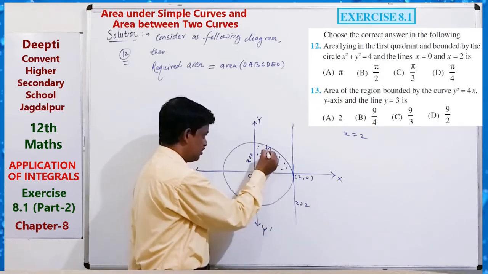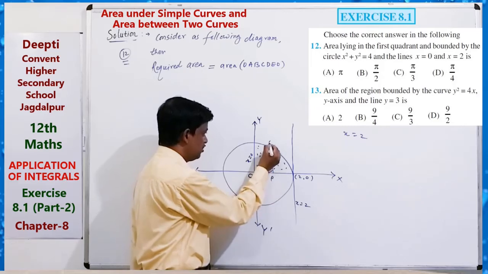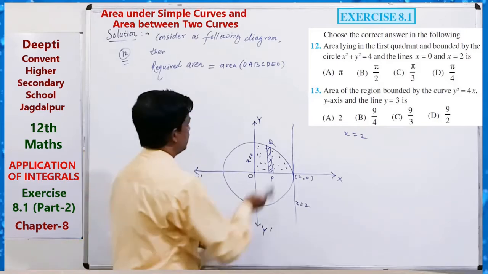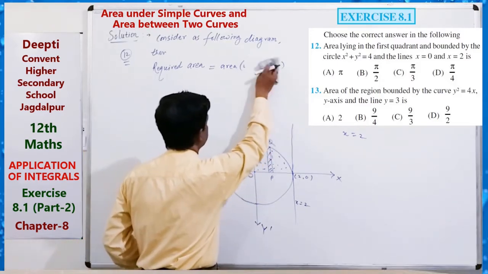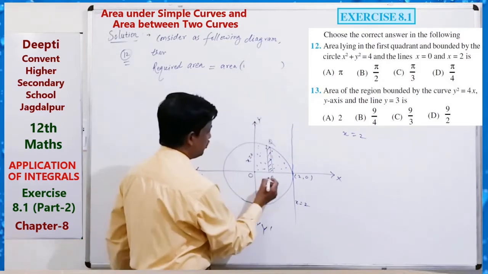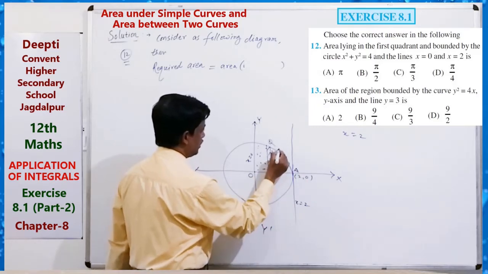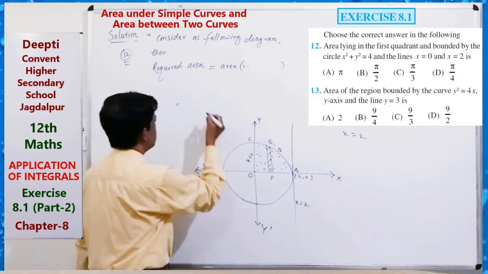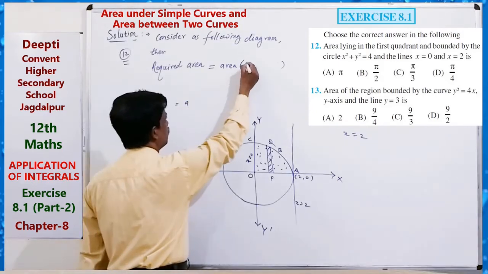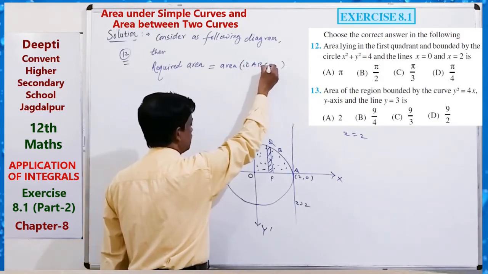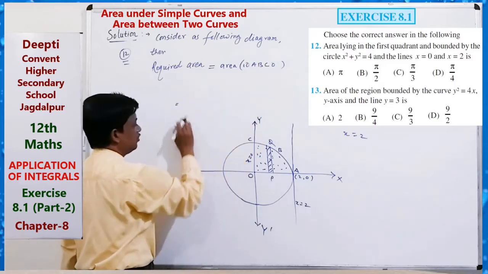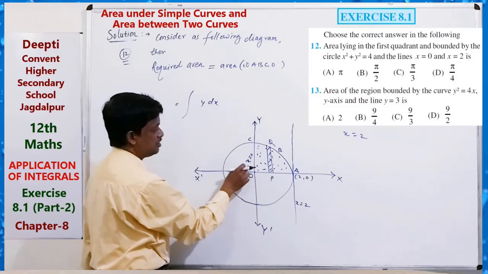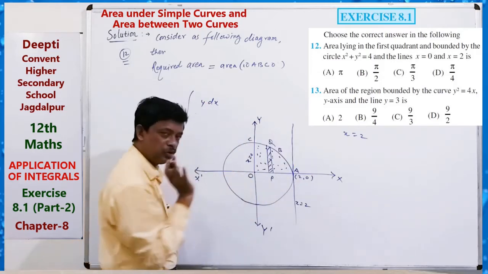Area of this region. So take a strip PQ. So the area will be what? Area O, A, B, C, O, this area. Y dx from x equal to 0 to 2.